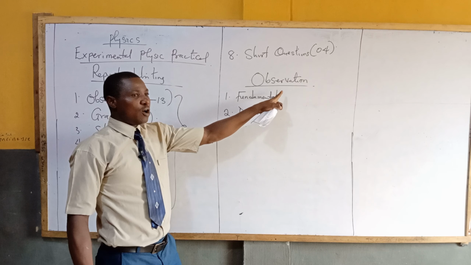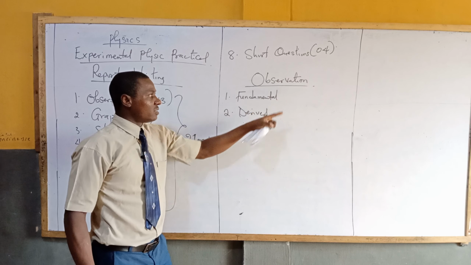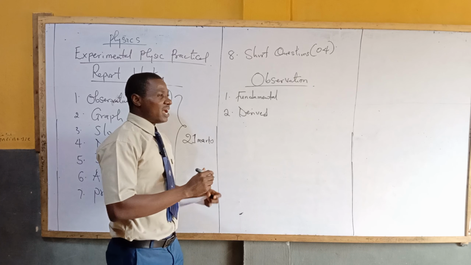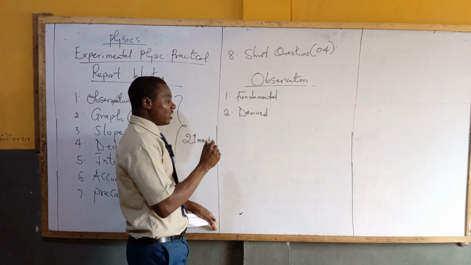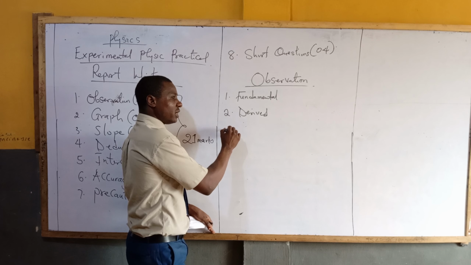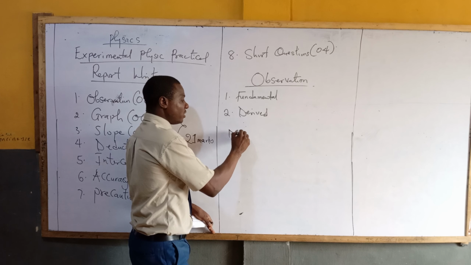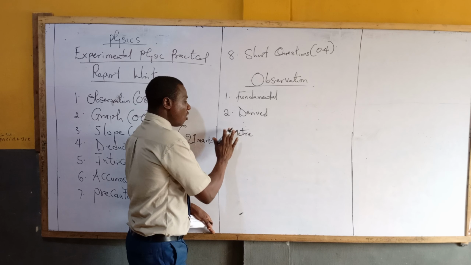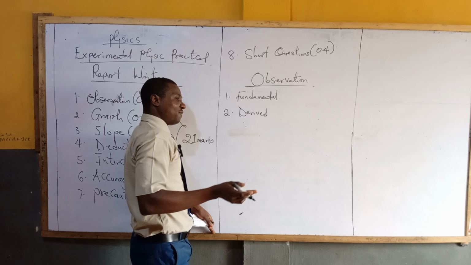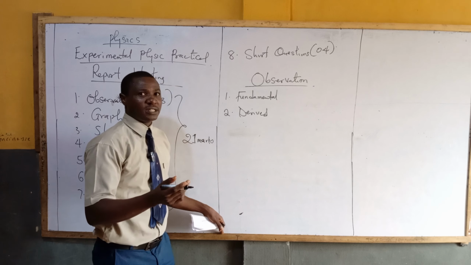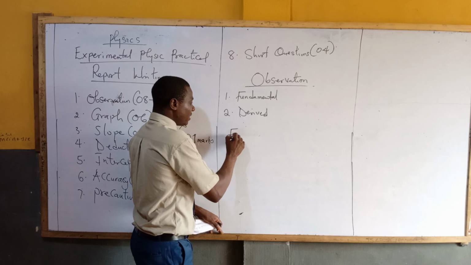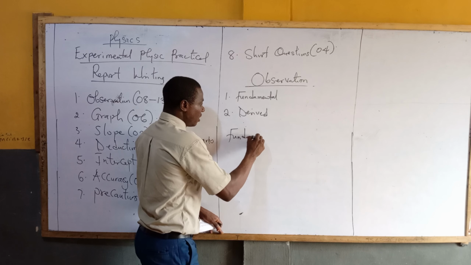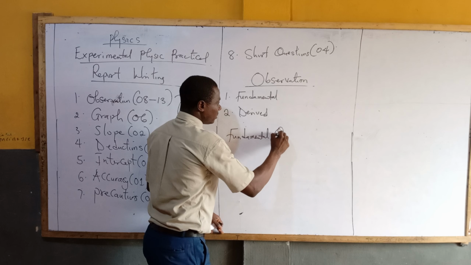Your fundamental observation is the aspect of your practical that has to do with the things that you measure, like when you take measurement with your meter rule. Remember that when you started physics, there's what we call fundamental quantity and derived quantity.